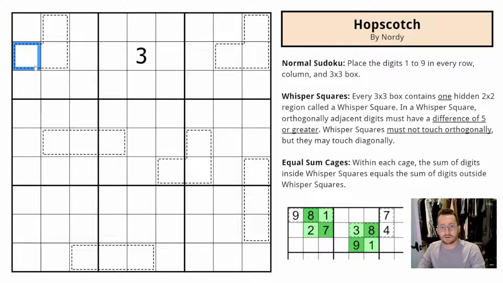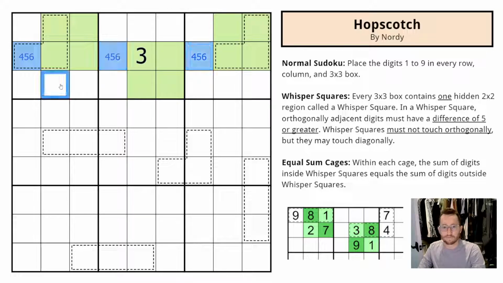Now if this doesn't work, well, it has to go here, here, or here. But let's see what happens if we try to put it here. If we try to put it here, we know that in a special row, any non-whisper square cell, like this one, because it can't be in the whisper square now, is going to be a 4, 5, or 6.